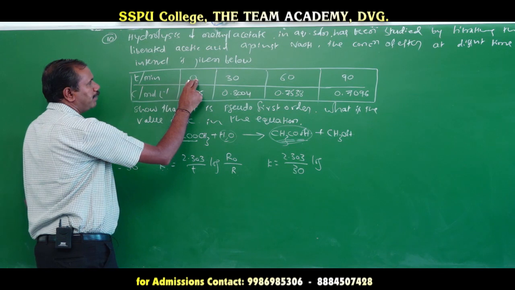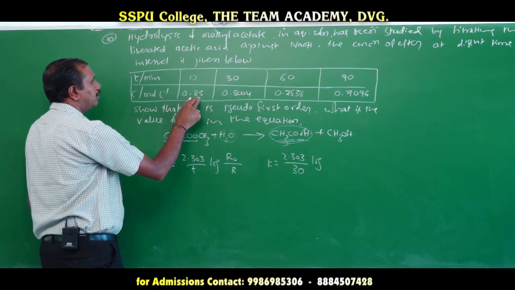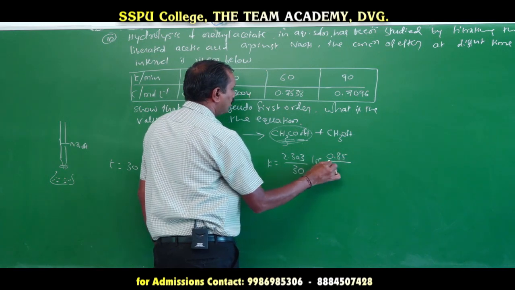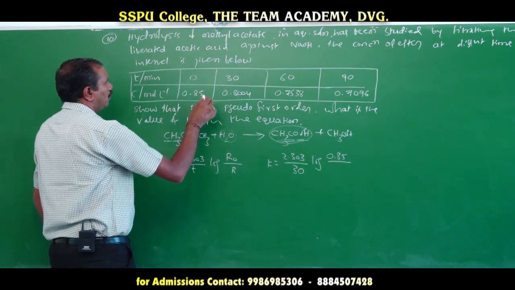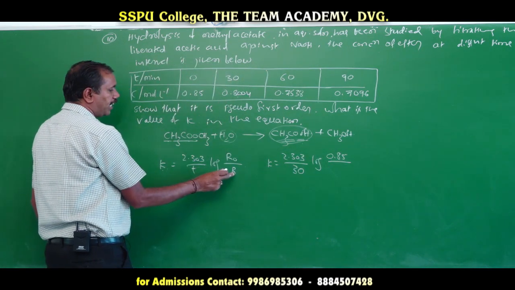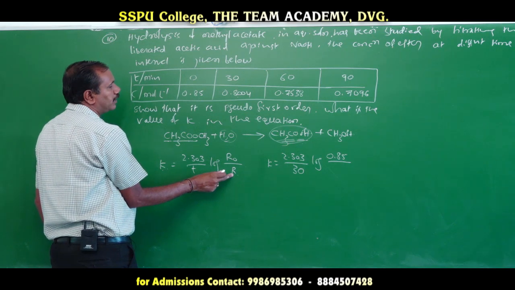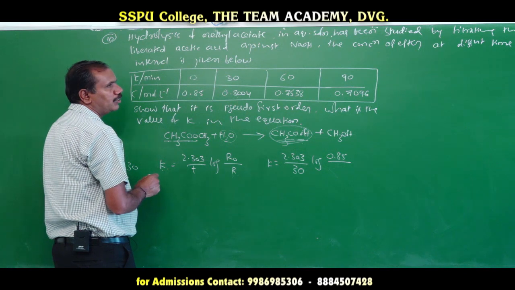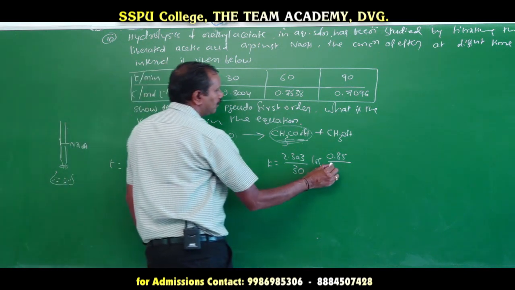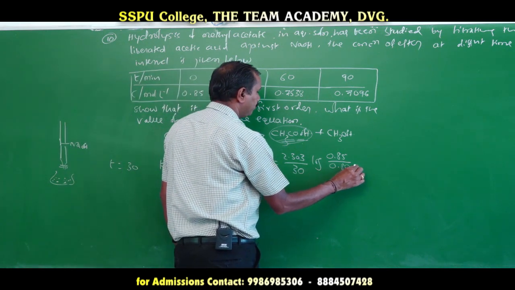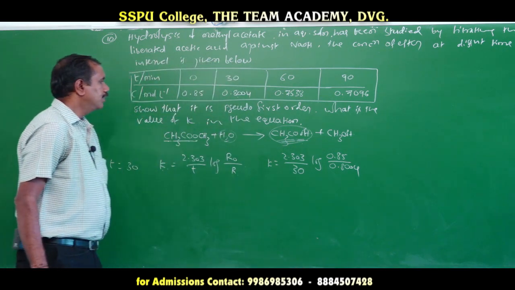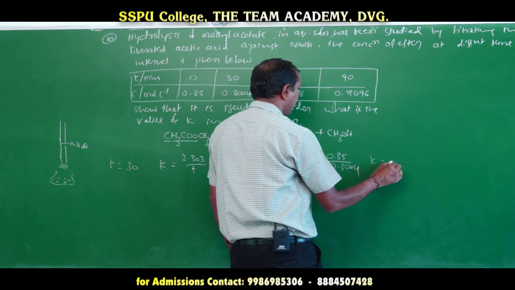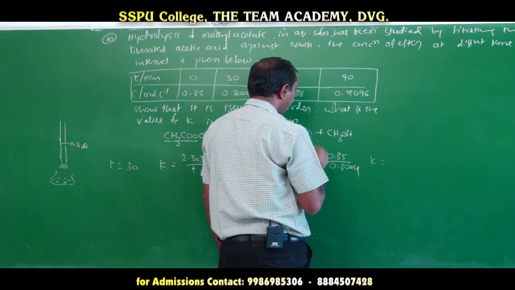Initial means when time is 0, the concentration of the ester is 0.85. Then R is the left behind concentration. What is the left behind concentration after the 30th minute? 0.8004. Then we will do it: K equals 2.303/30.